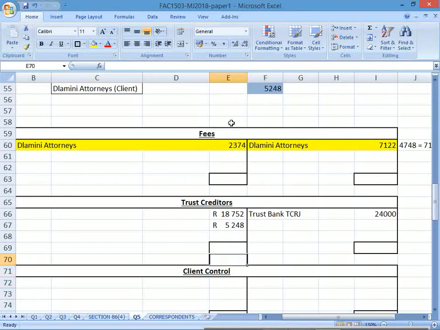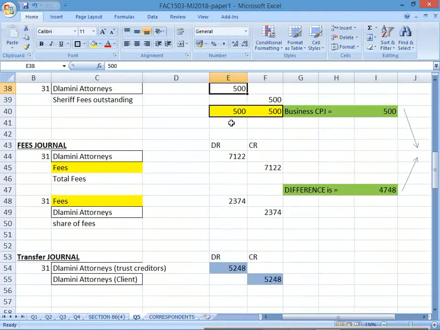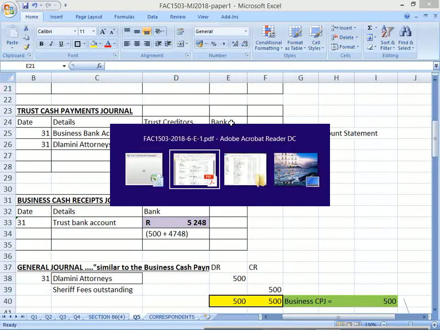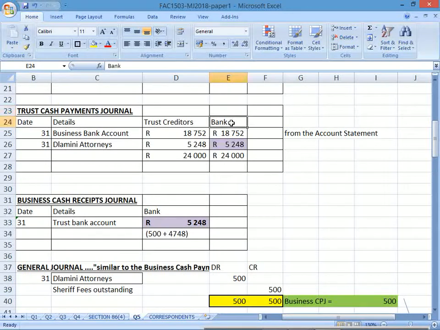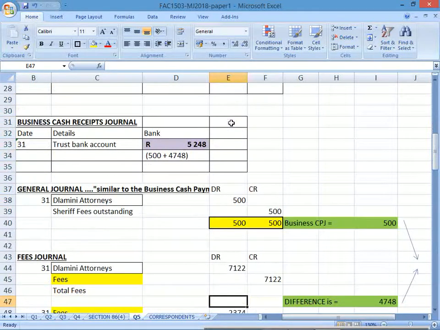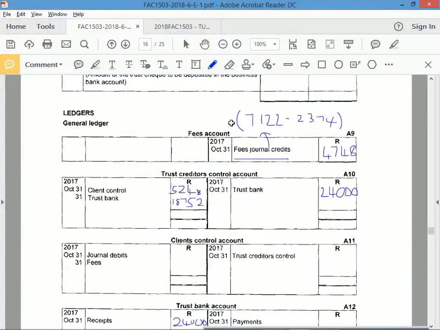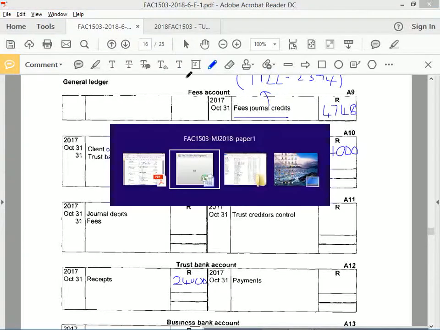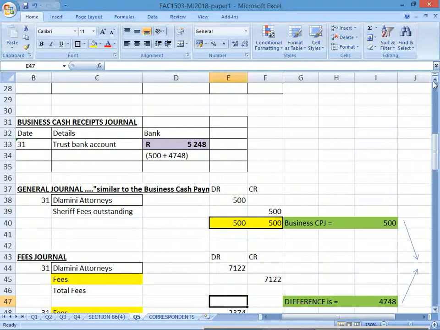Okay, and the client control account, let's go back and look for the client control account. Here, the general journal, business cash receipts, trust bank account, similar to the cash payments journal, the fees, the payments.